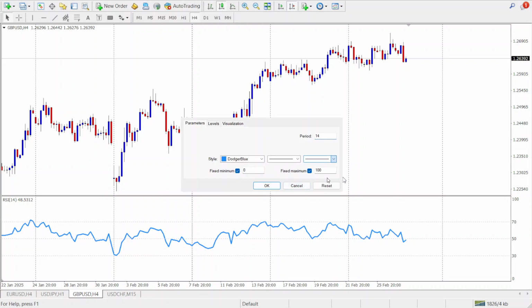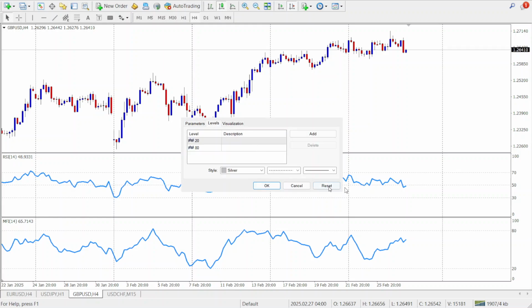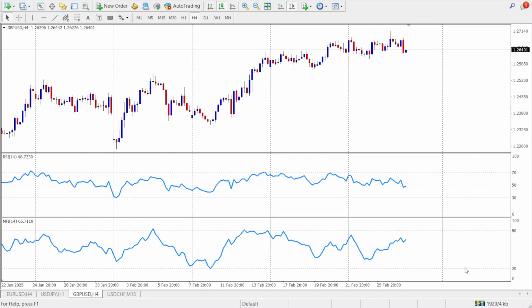Now, this is the MFI. The money flow index is similar to the RSI because it moves between 0 and 100, and it also uses overbought and oversold levels. However, as we can see, the default for the MFI is 80 and 20.